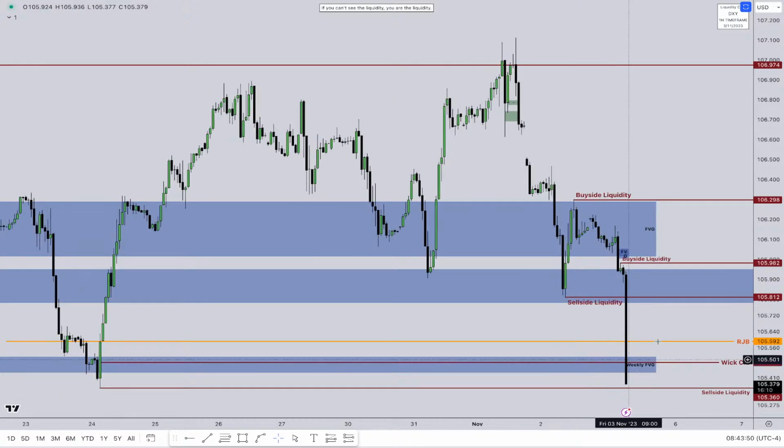Let's take a look at euro and pound. As you can see, it has traded back up to this fair value gap.